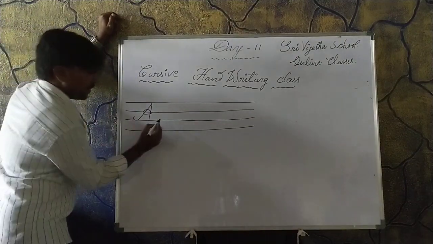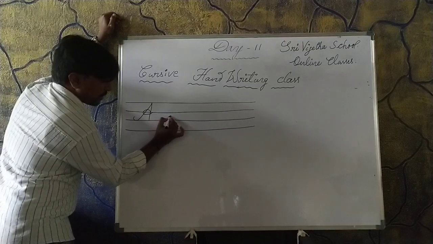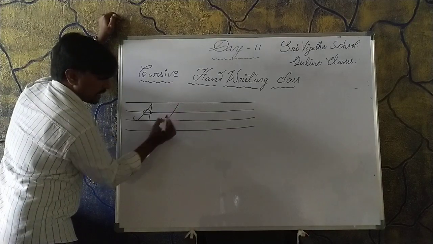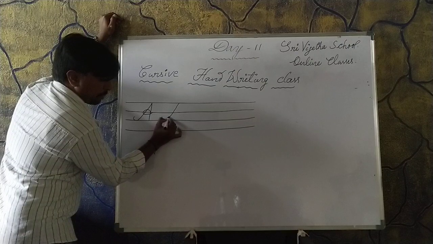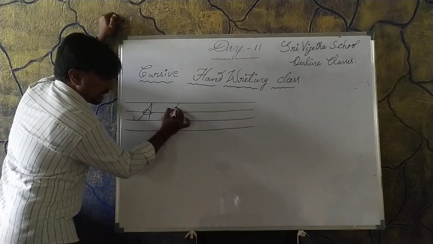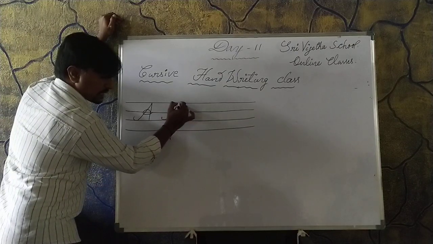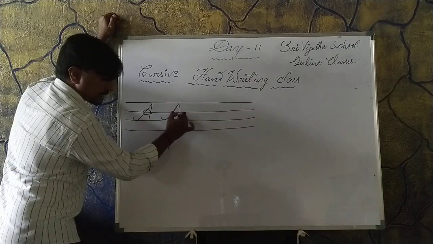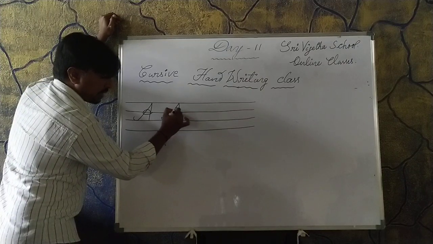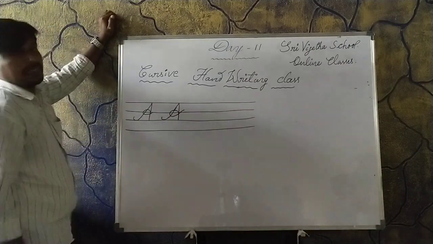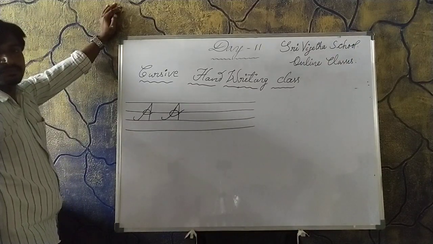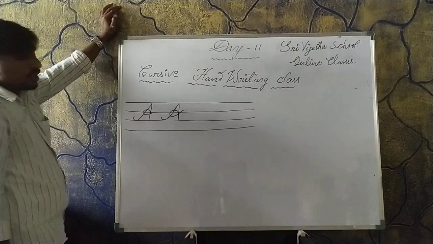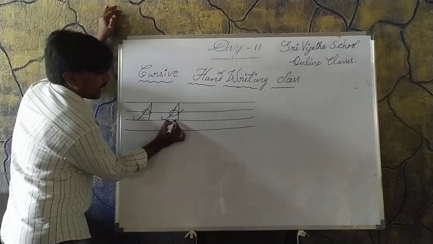Again I show you here. Look at the board. First, take the pencil or pen, start at the third line, go up and touch the first line, and come down at the same line. Then make a circle between the lines.